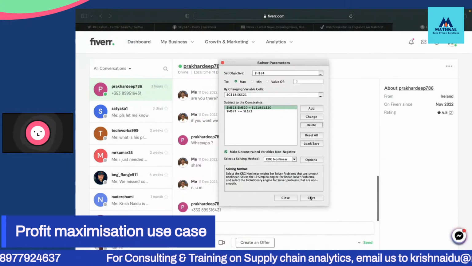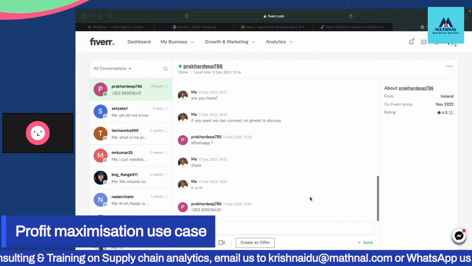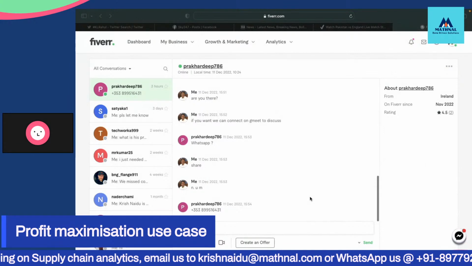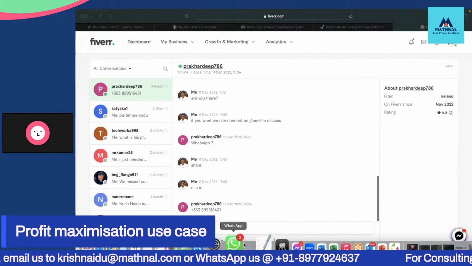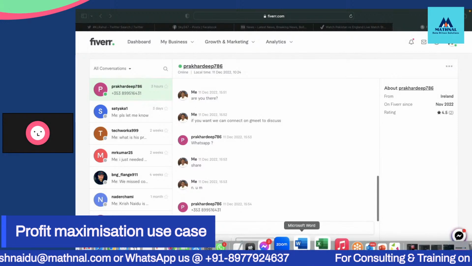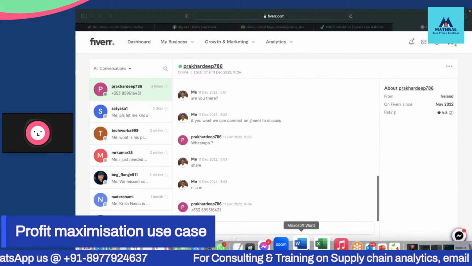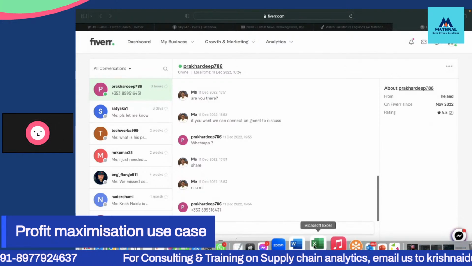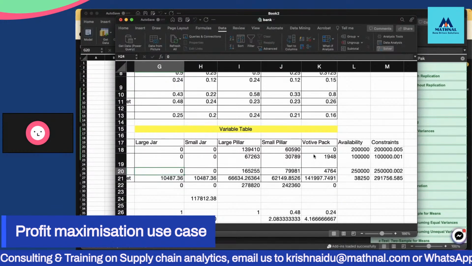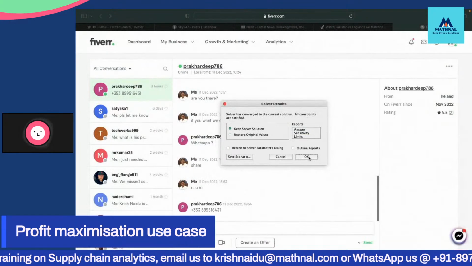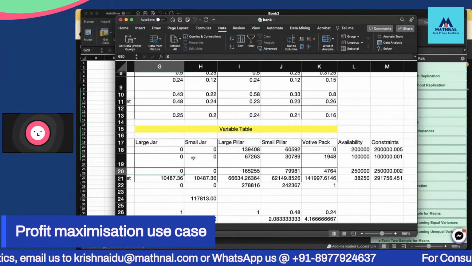After removing the first one, let's see how we are going to get. Let's see what we have achieved. Yeah, now I think we're getting a solution here.